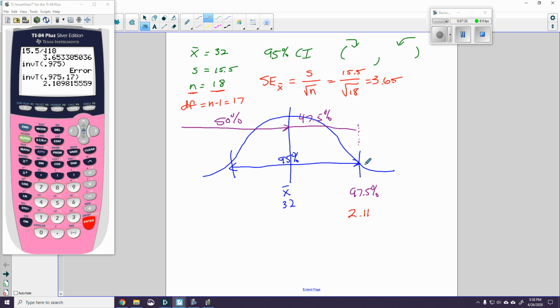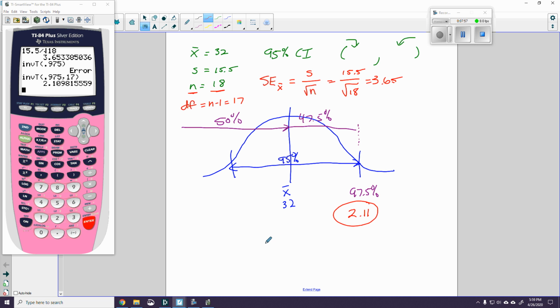So it is in fact a little bit farther out than the second standard deviation that we would have for our empirical rule using these z-scores, the normal curve as opposed to the t curve. Well, now I know how many standard errors I am from the mean. I am 2.11 standard errors from the mean.